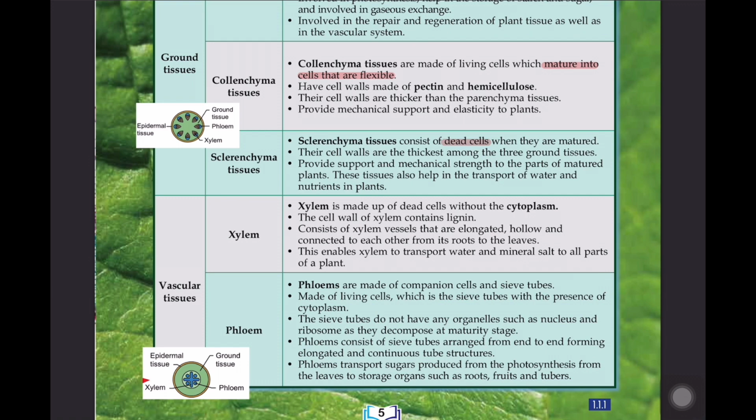Without cytoplasm, they cannot support any of the other organelles that usually exist in other cells. So xylem: dead cell, no cytoplasm.